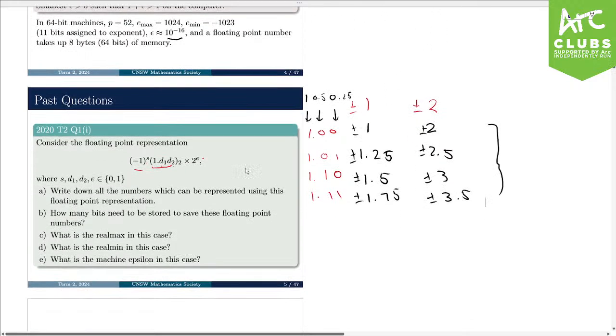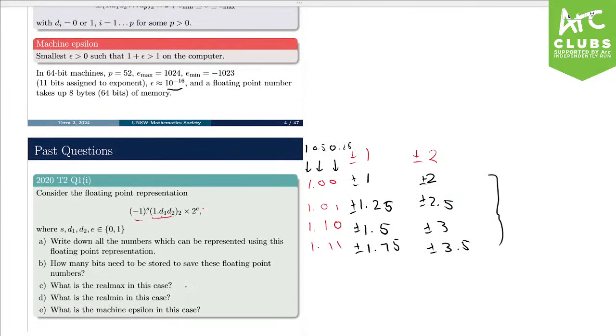C and D ask what's the real max and what's the real min. Real max is the largest number that can be represented, so that would be 3.5. And real min is the smallest, I think it's the smallest positive number that can be represented.